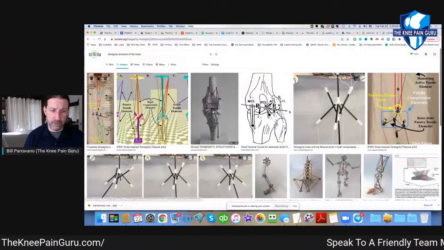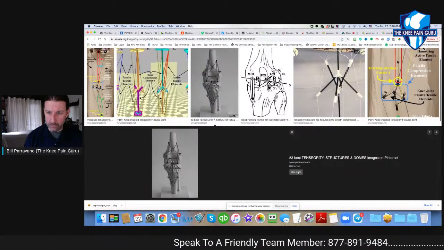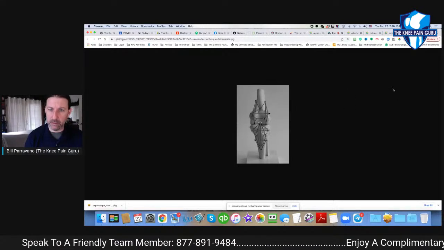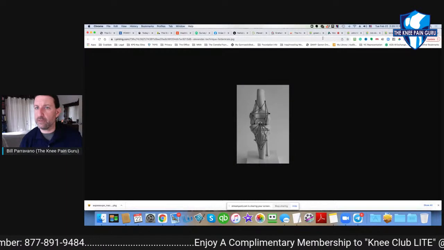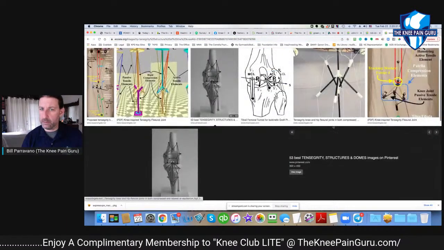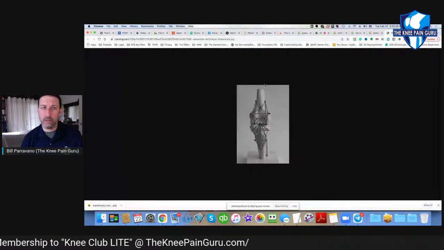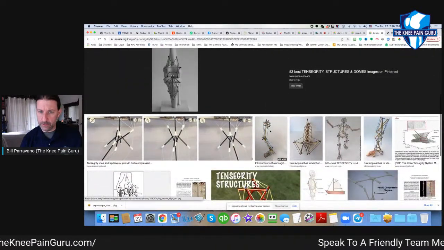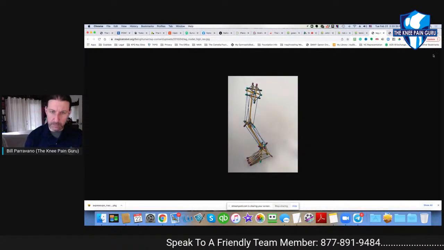Tensegrity structure of the knee. So here is a great example of the tensegrity structure of the knee. It may be a little small. Here's the tensegrity structure of the leg. That's a little bit better.